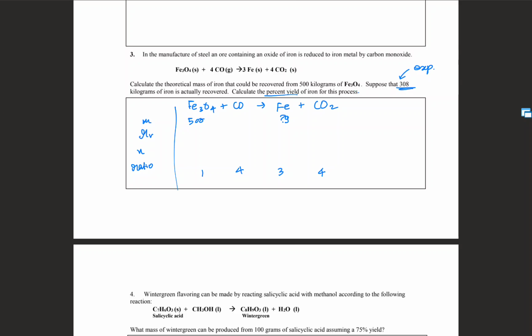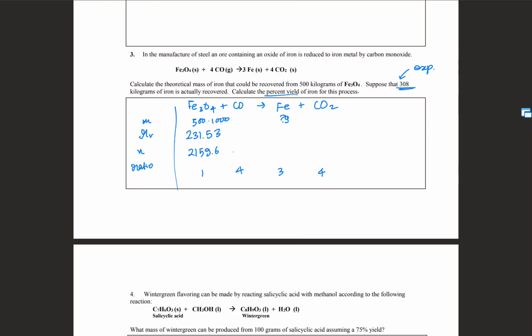So we're going to find the moles of iron oxide, which is found from the molar mass, 231.53. To find the moles, we divide. Converting kilograms to grams, we multiply, so it's 500 times 1,000, which will give us around 2,159.6 moles.